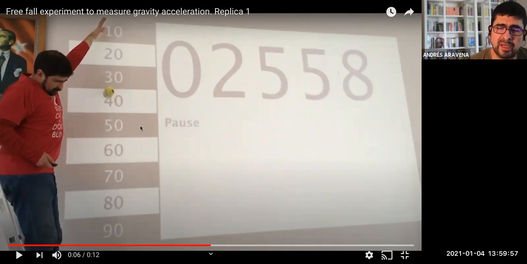But in fact, it didn't work like that because the distance here was like 19 centimeters. So next time I will put a real meter tape here, and I will be more careful to start from 0. In general, every time you do an experiment, you learn how to do the experiment better next time.